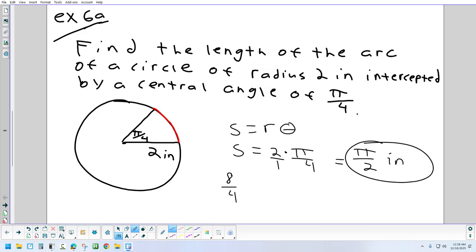So if you made it 8 over 4 times pi over 4, when you multiply straight across, you get 8 pi over 16. But then 8 pi over 16 just reduces to pi over 2. So there's no need to find a common denominator when you're multiplying.